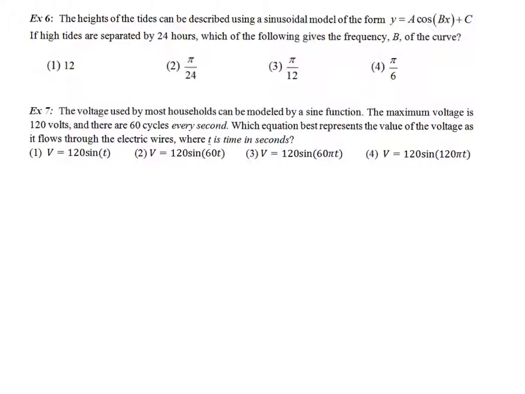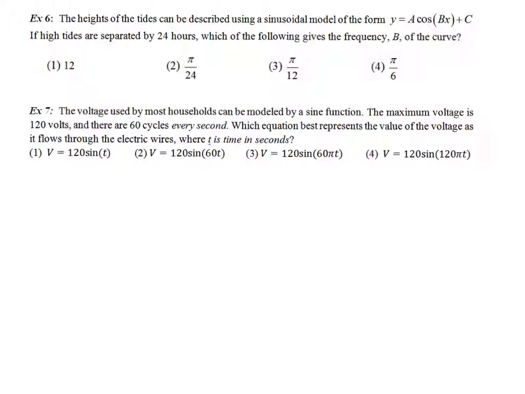So for our last 2 examples, we have some real-world application problems. Exercise number 6 says the heights of the tides can be described using a sinusoidal model of the form y equals a cosine of bx plus c. You'll see that sometimes we use sine and sometimes we use cosine to model trig application problems.